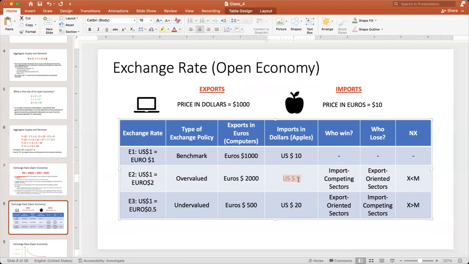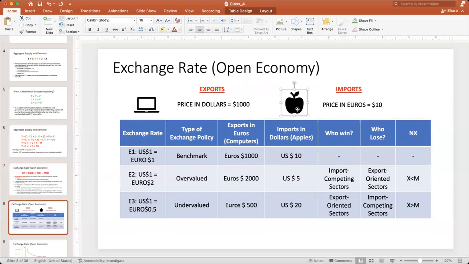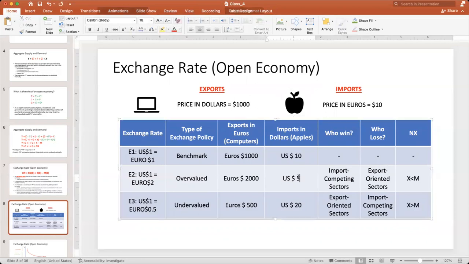Because with $5, we buy 10 euros, and with 10 euros, we buy the apples. So given this new scenario, who wins? The import competing sectors win, the households win. Why? Because in this moment, our currency, our dollars, could buy more euros, and the price of the imports reduces. So we have better prices and we can increase our consumption.